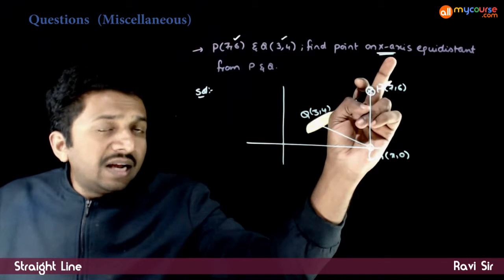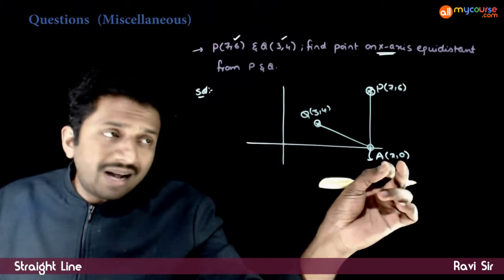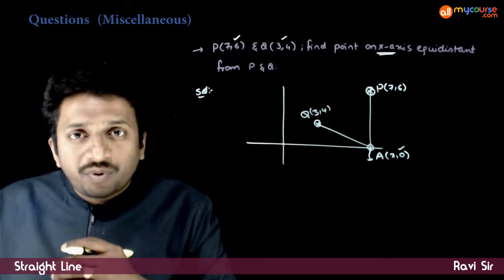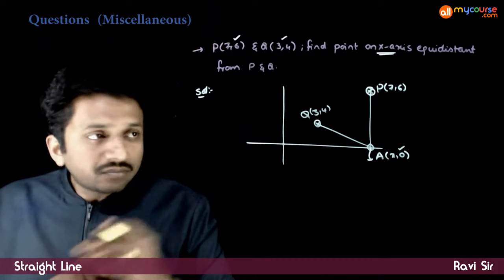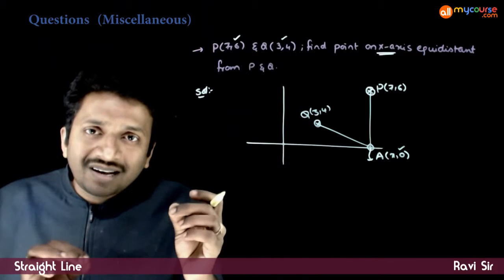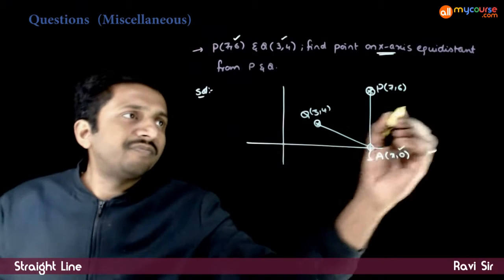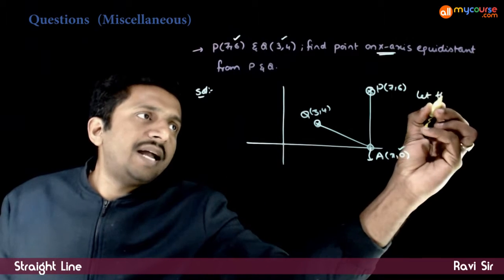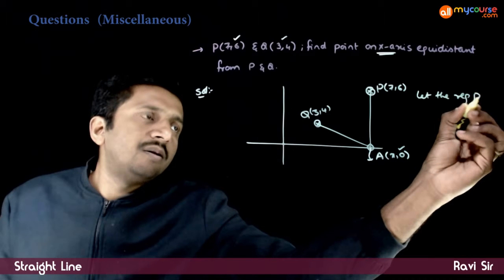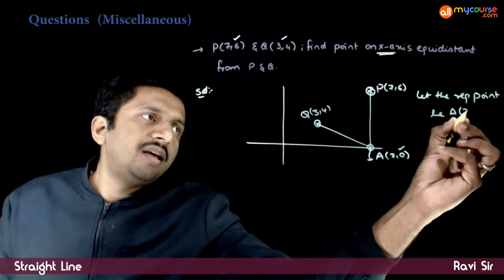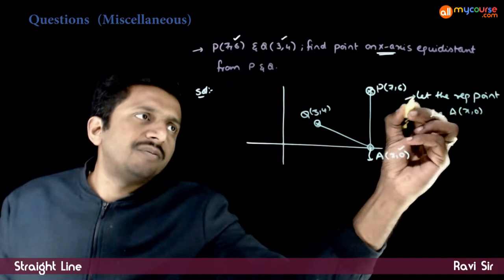Because it is given that the point lies on the x-axis, and on the x-axis the y-coordinate of the point is 0. So let the required point be A (x, 0).